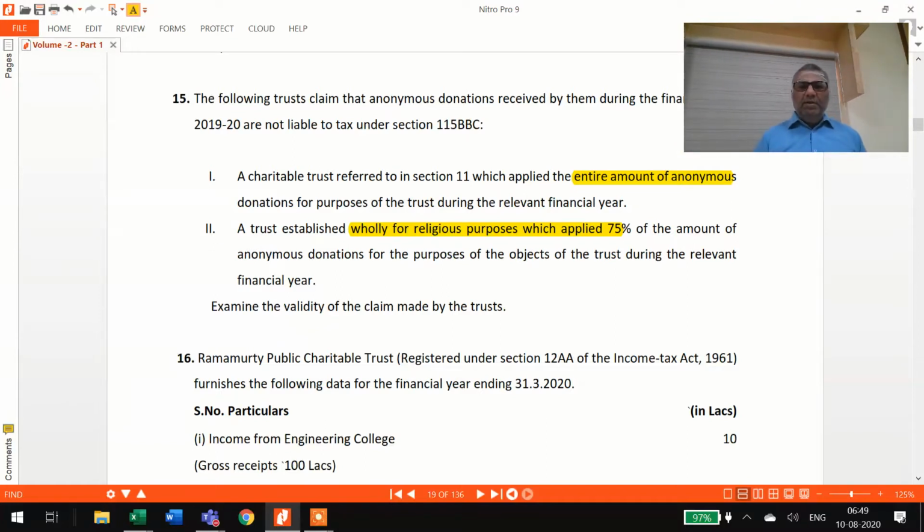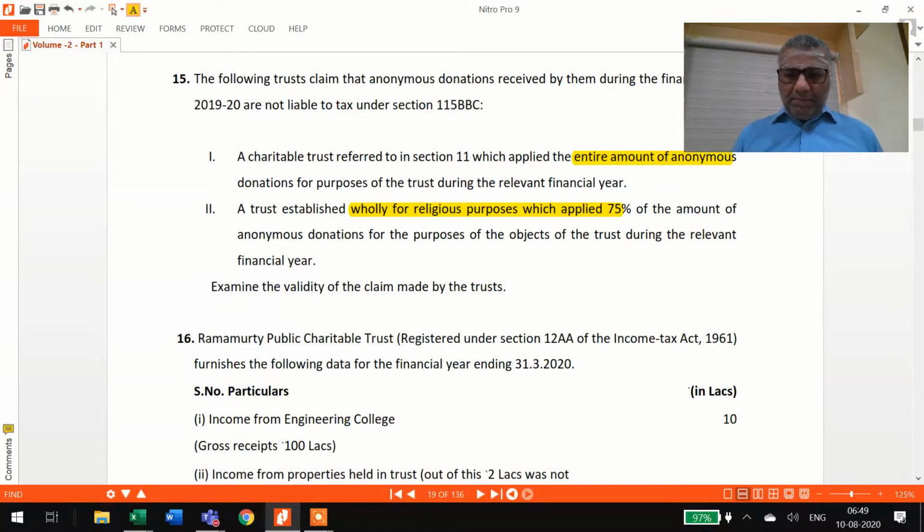Hence, the balance 10% becomes taxable at normal rates.